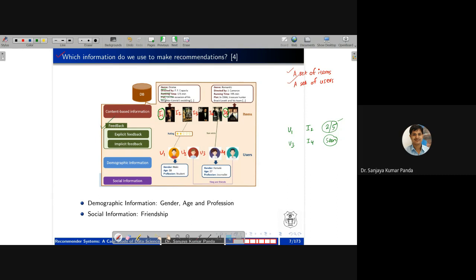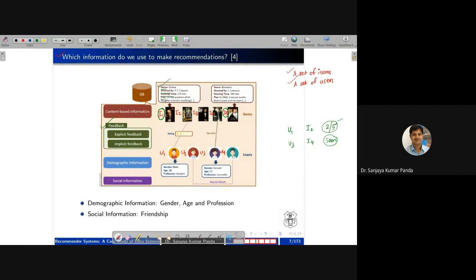Now, not only this content-based information or feedback is important, other information is also there. Another information you can see here is called demographic information. So demographic information means, there are some e-commerce sites.